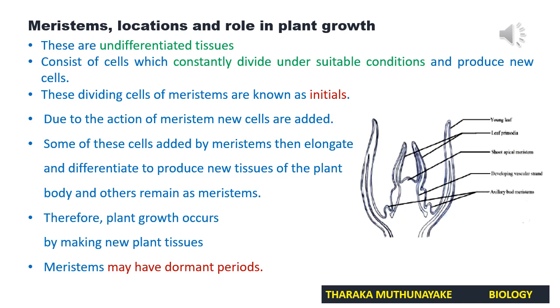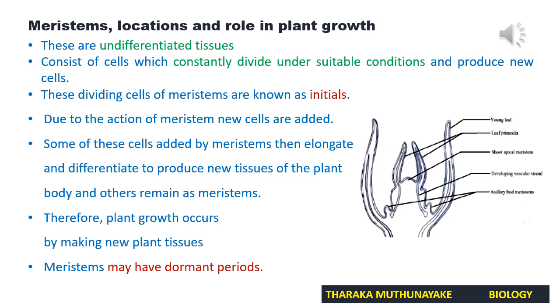The cells of meristems constantly divide under suitable conditions and produce new cells. These dividing cells of meristems are known as initials. In other words, these initials continuously divide by mitosis and add new cells. So actually plant growth occurs due to the activity of these initials.